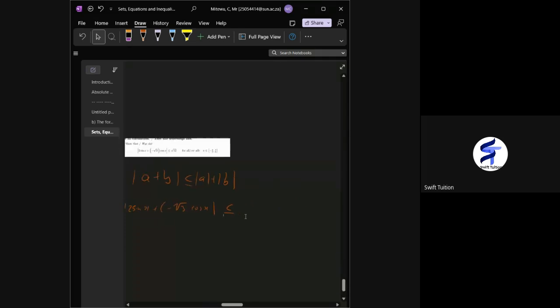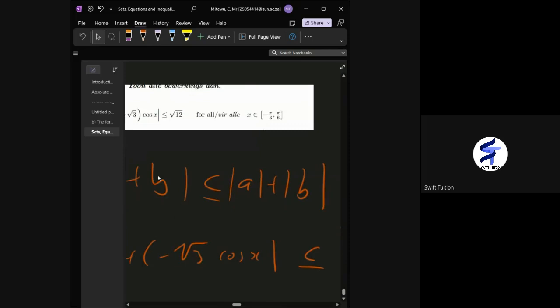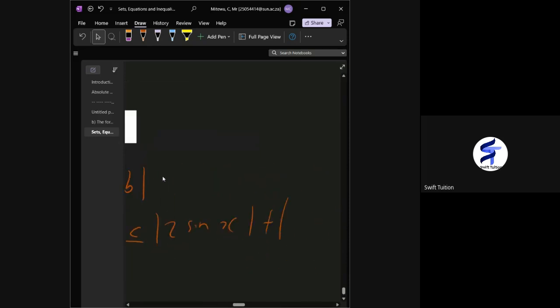So what was the first function? The first function was 2 sine of x, right? The absolute value of 2 sine of x. And then the second function, remember they put the negative over there just to make it easier for us to see, right? They put plus, but the thing was still negative. So it's plus the absolute value of negative root 3 cosine of x, right?